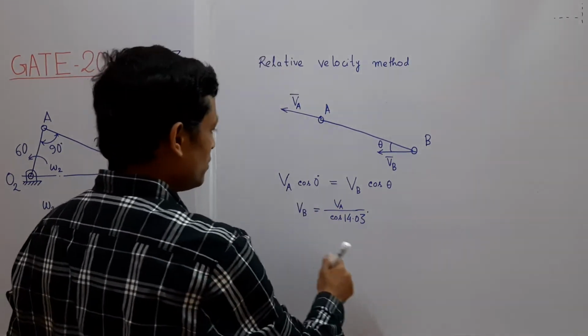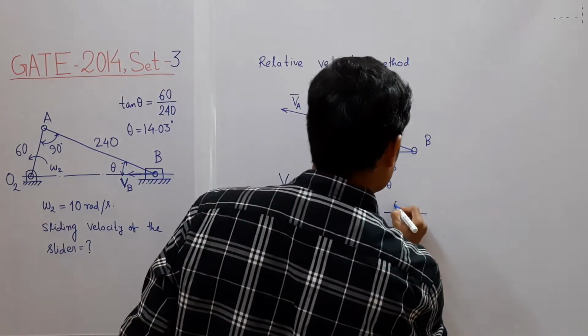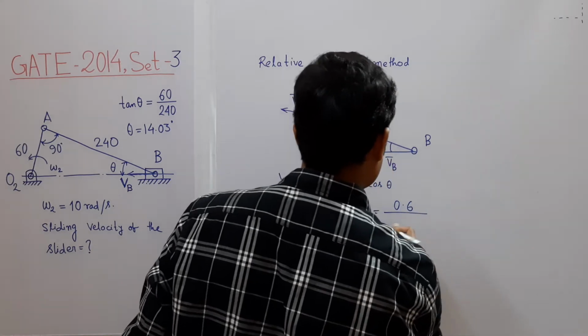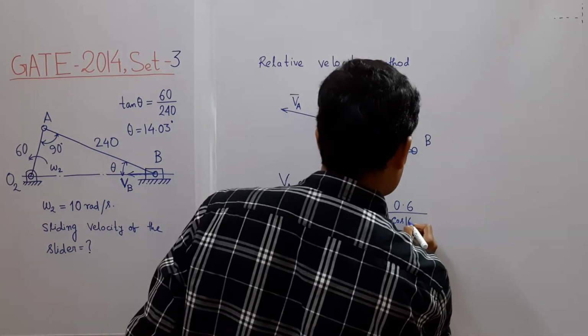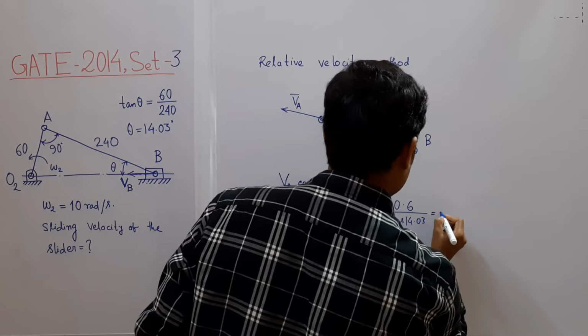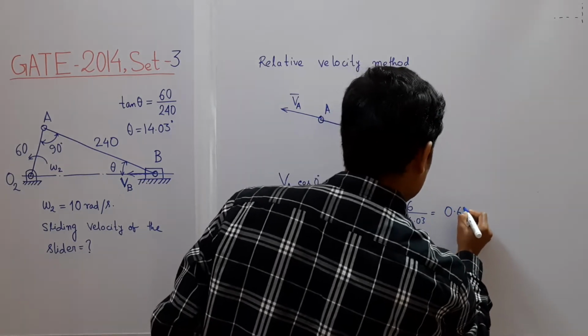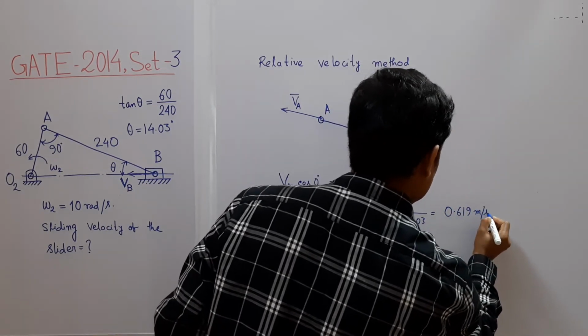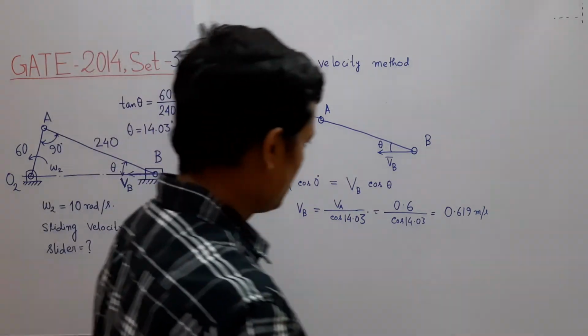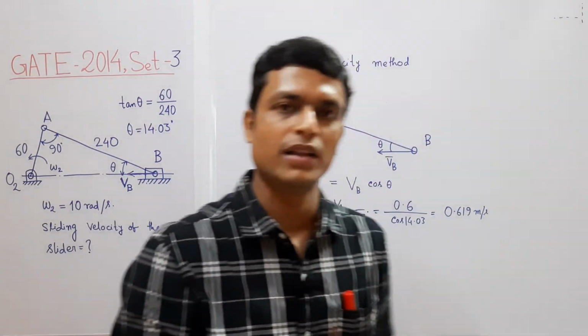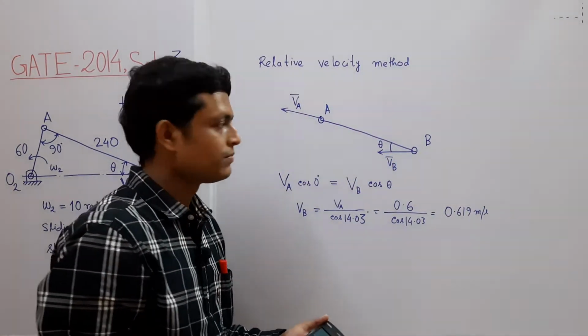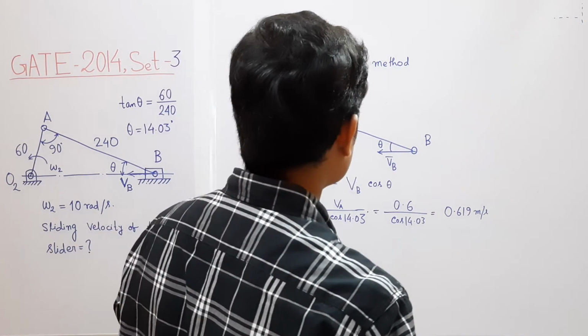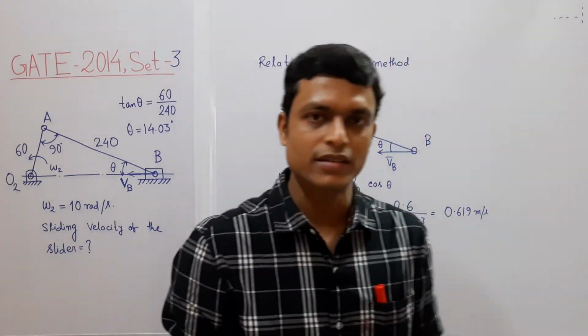Cos 0 is 1, and VA is, we have determined, 0.6 by cos 14.03, and we get the same answer, 0.619 meter per second. So by implementing the basic principle, you can also find it. So we have solved this problem by two methods.